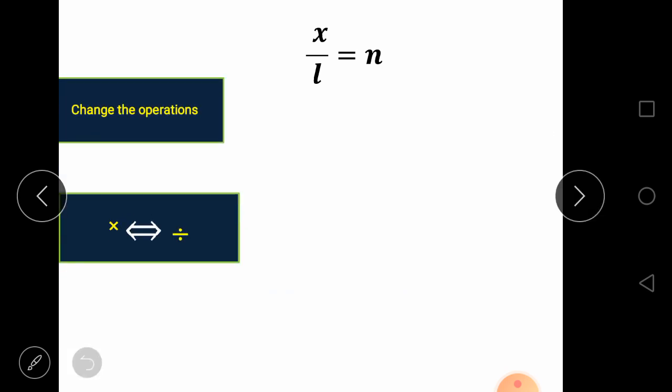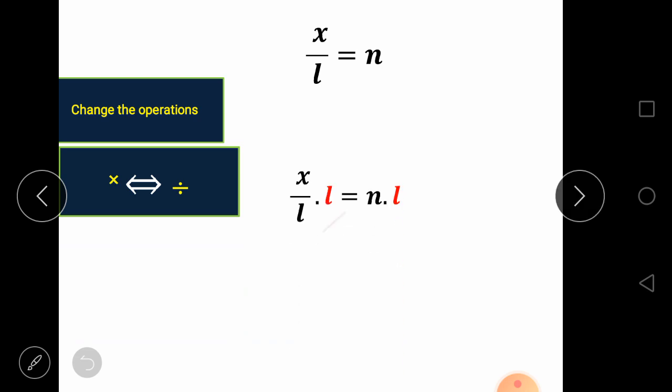Here we have also x times L. We cancel them both and then we get x equals n times L.